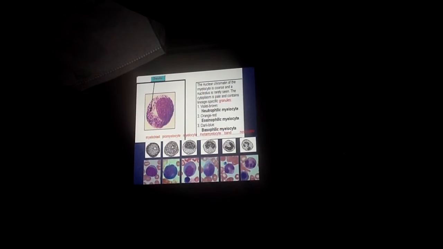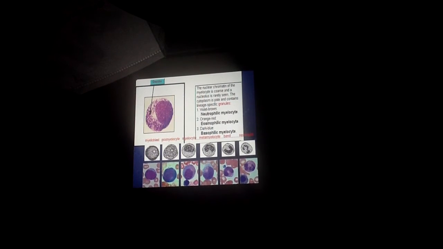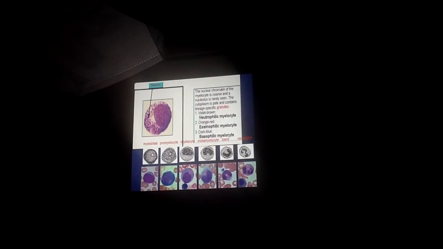Now, what can you say about the color of the cytoplasm of a myelocyte in comparison with a promyelocyte? Lighter. Ito, mas magandang appearance ng myelocyte. Mayroong dark-colored or violet-colored granules, mayroon ding pink-colored granules. So the cytoplasm will now contain two types of granules.